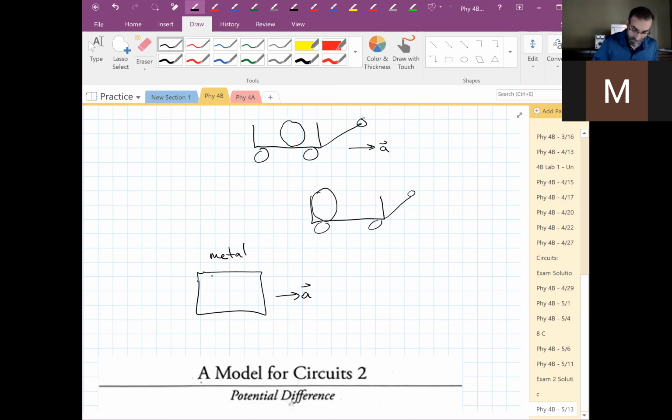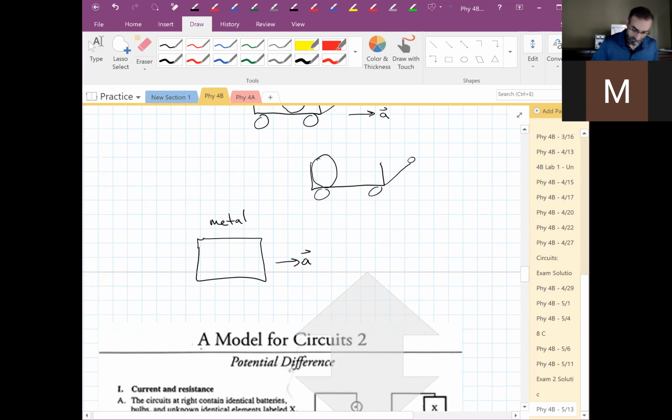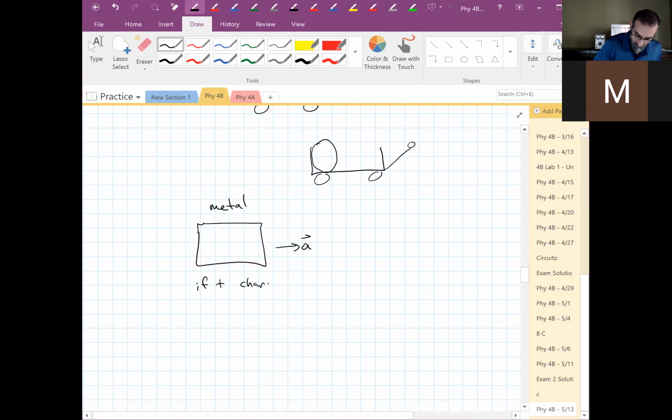So if positive charges are free to move, we'd get positive charges back here and negatives over here. We can measure a potential difference and see which ones we get.